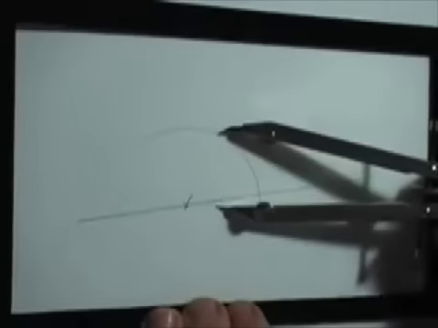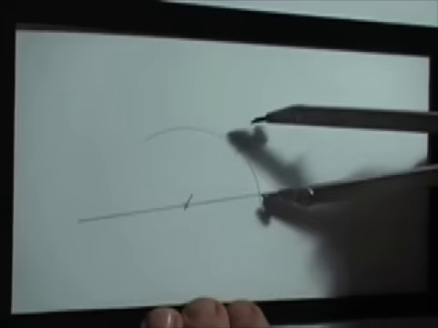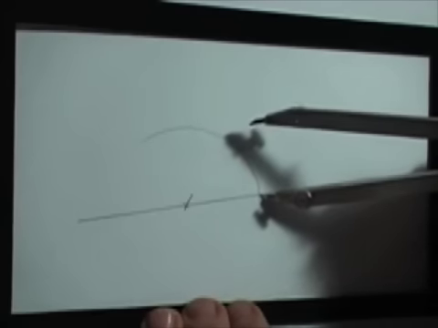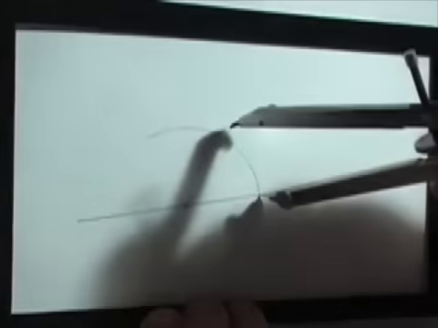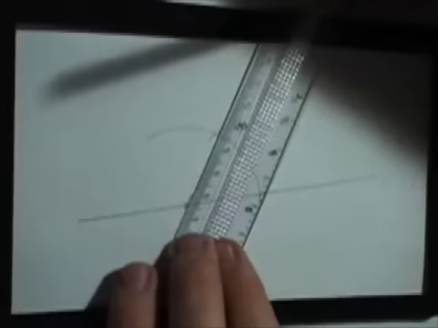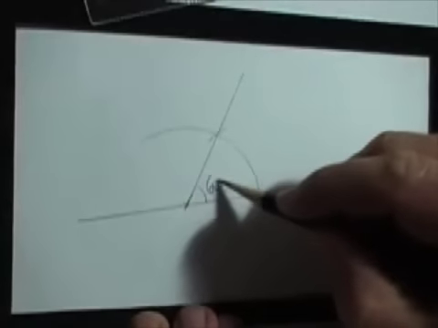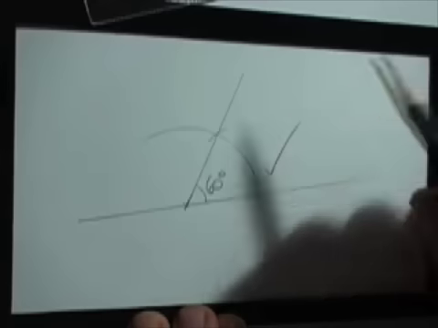The next step, using the same radius of compass, find out where that arc intersected the straight line, mark off another small arc at the top, and we connect the original point with where those 2 arcs intersect. And we've successfully made, down here, a 60-degree angle.